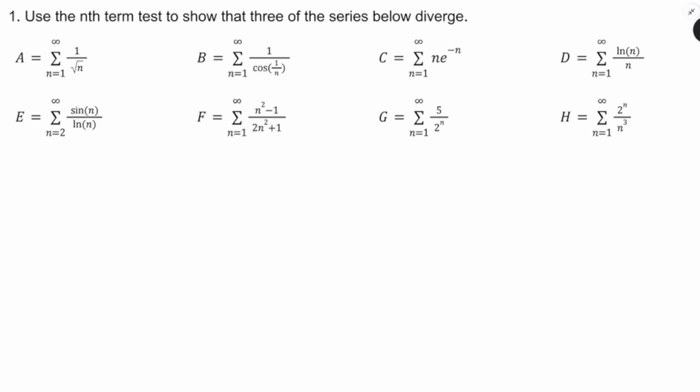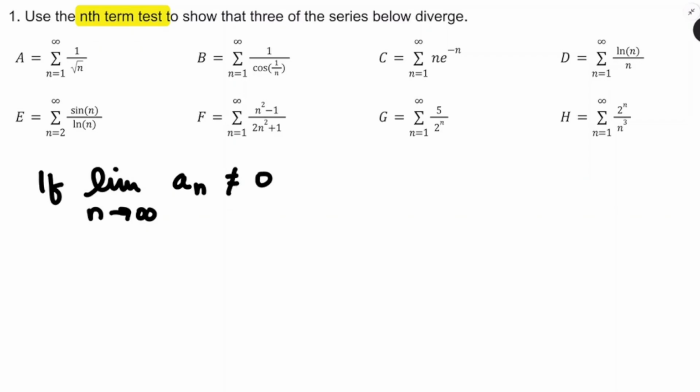So the nth term test, to remind you: if the limit of the terms a_n, the things that go in the series, is not zero, then the total has to diverge. The sum of a_n, as n runs from 1 to infinity, must diverge.